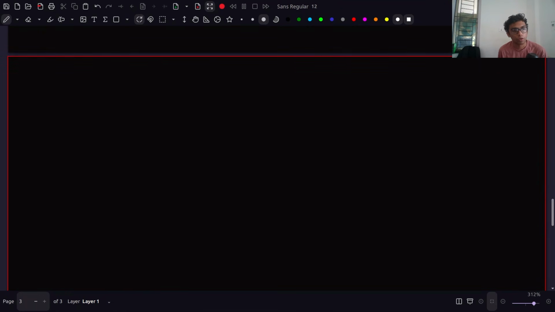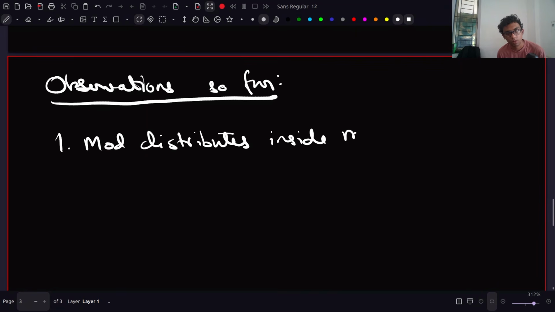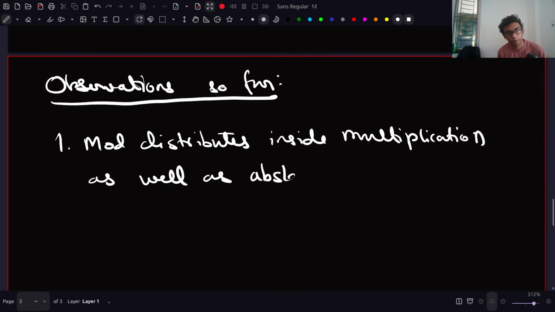So let me succinctly write down our observations so far. Basically, our first observation was that mod distributes inside multiplication as well as absolute value difference, right?